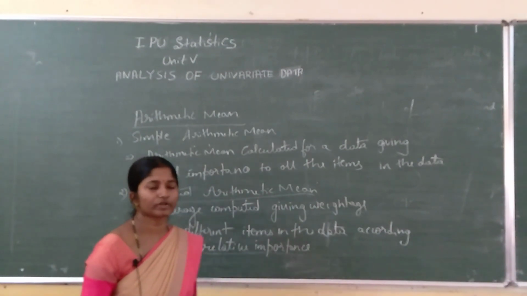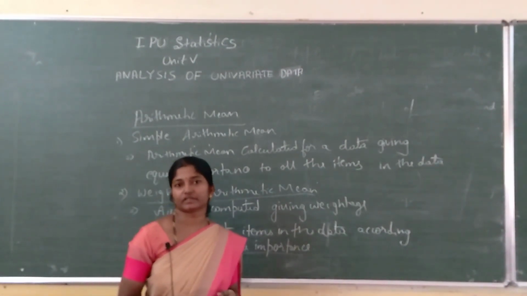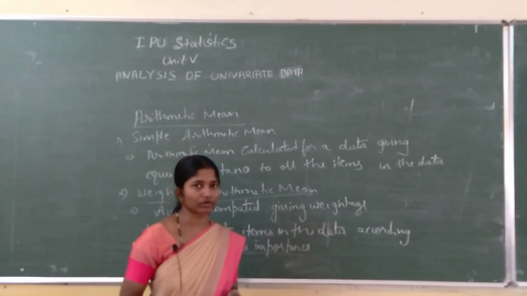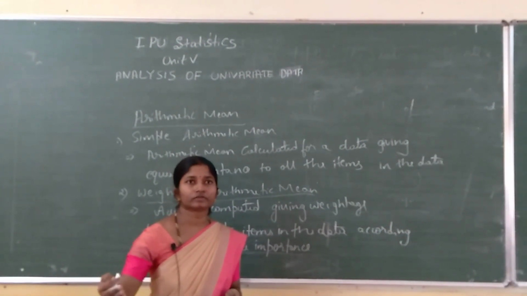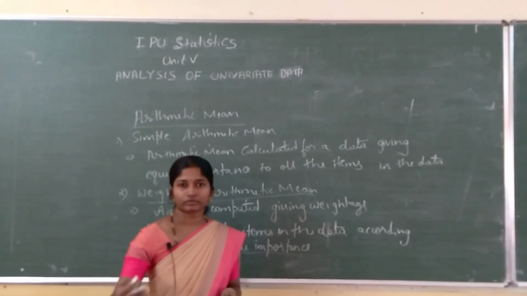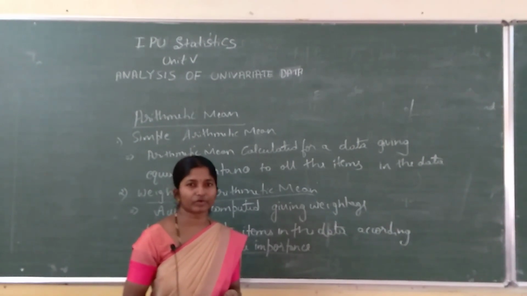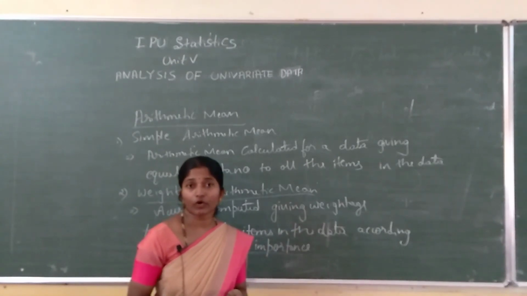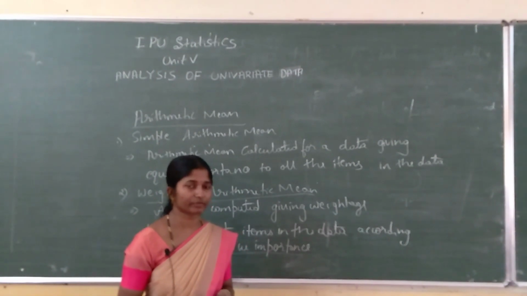The best example is grocery items. When you are selecting grocery items for a survey for the calculation of the cost of living index number, there is a basket of goods and services.